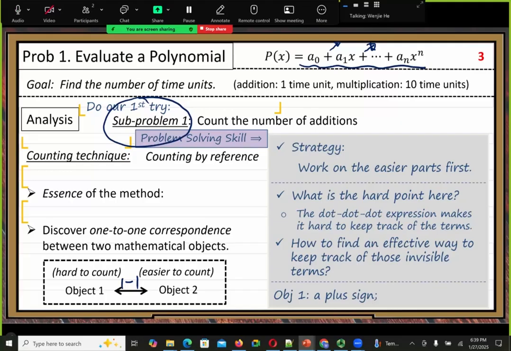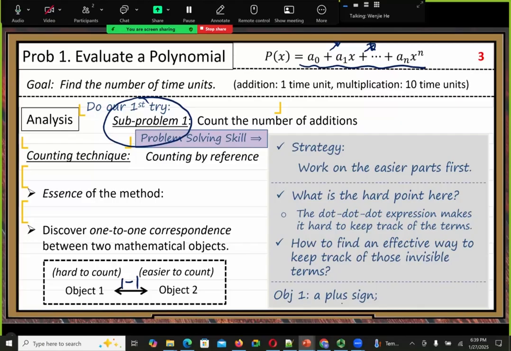So then you only need to count object 2 instead of object 1. That's easier, right? So let me use this question to explain this method, the counting by reference method.